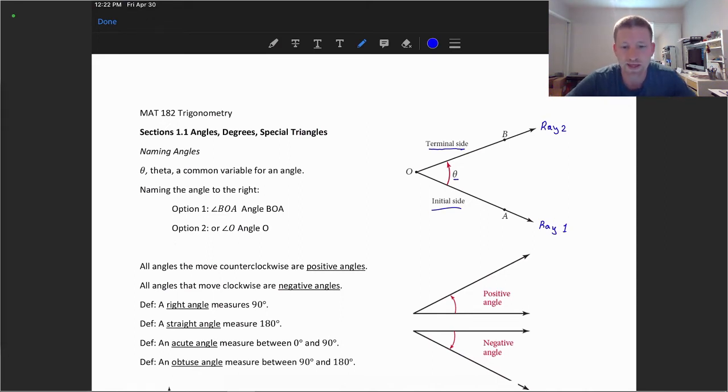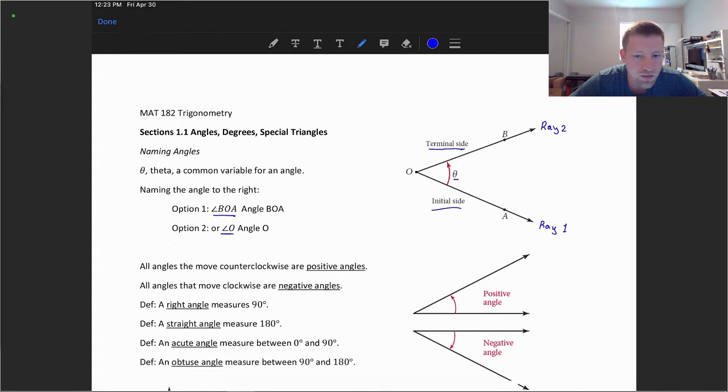So where the angle starts and stops. When we consider the name of this angle, we can name it either angle O or angle BOA. So these are two names of that same angle, angle BOA or angle O.